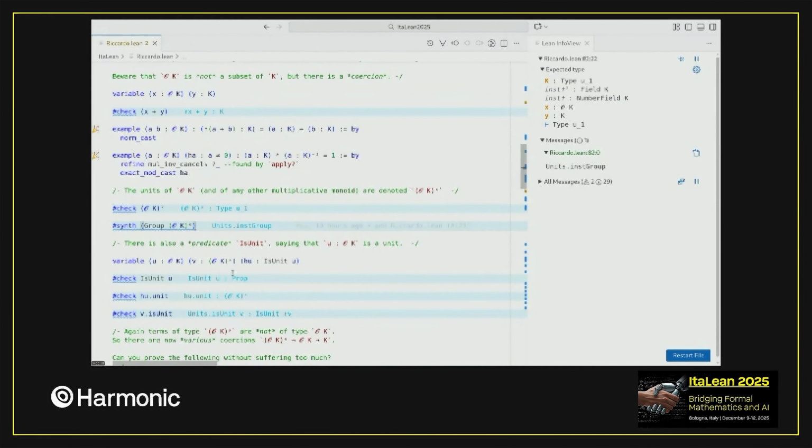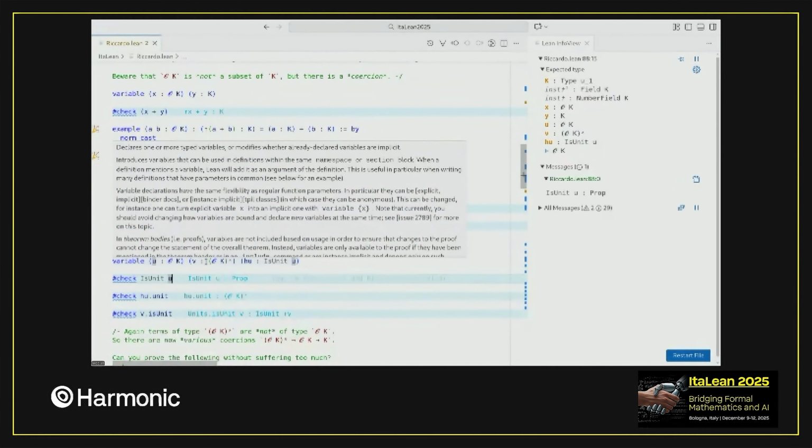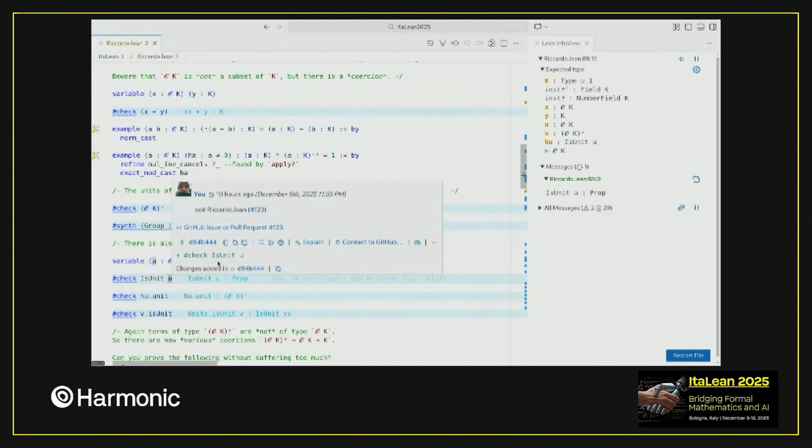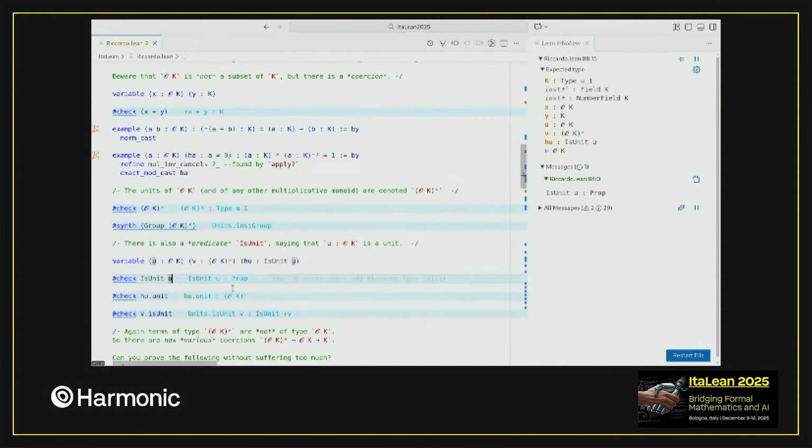So for example, if you have a unit, you know that the associated element is a unit. So you see, is unit U is a predicate, so it is a mathematical statement that is sometimes true, sometimes false. It depends on U. So you have U, an element of the ring of integers, and you can say this element is a unit. Sometimes it's true, sometimes it's false. It depends on U. Okay?